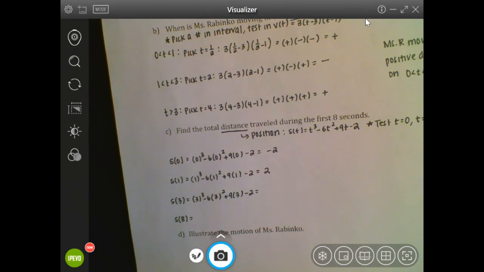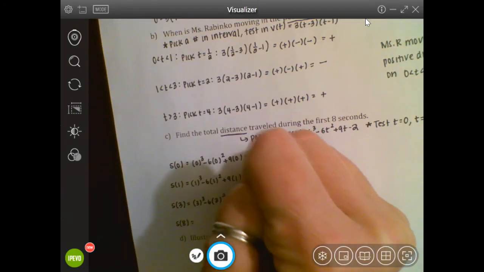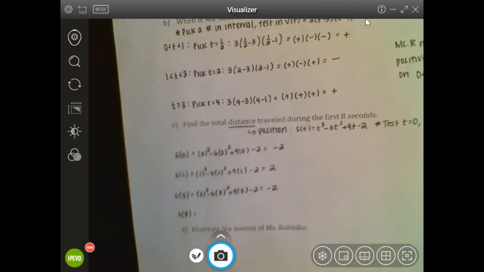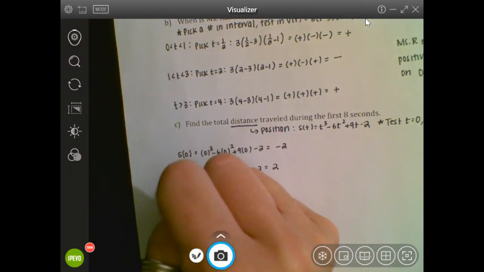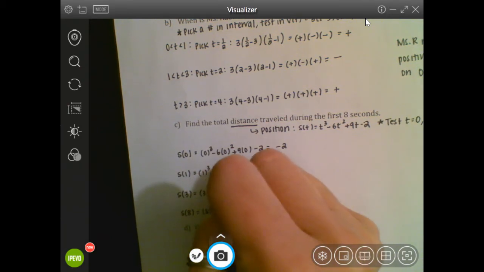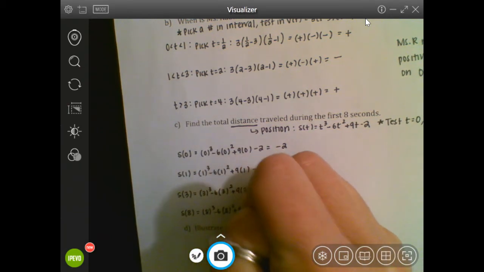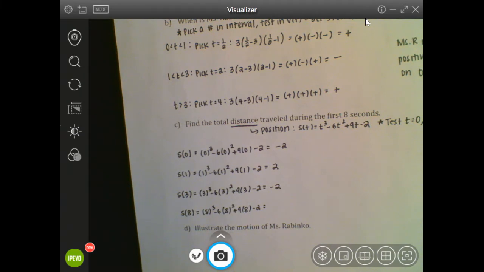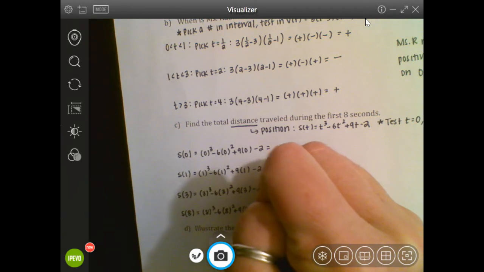So 27 minus 6 times 9 plus 27 minus 2 gives me negative 2. And then I'm going to do 8 to the third minus 6 times 8 squared plus 9 times 8 minus 2. And again, I'm just using my calculator to do these calculations a little bit quicker. I think that gives us 198.